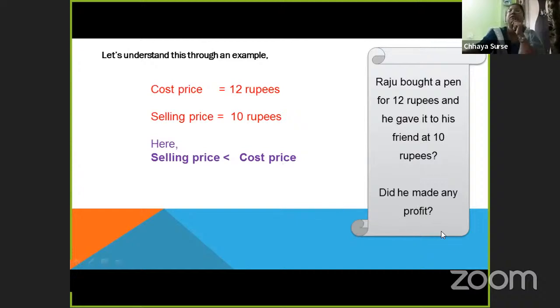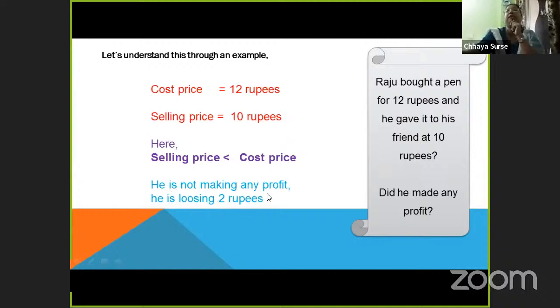What is the profit formula? The selling price should be greater than the cost price. This is very important in profit. But here the selling price is less. In this transaction, in this business, he got a loss.